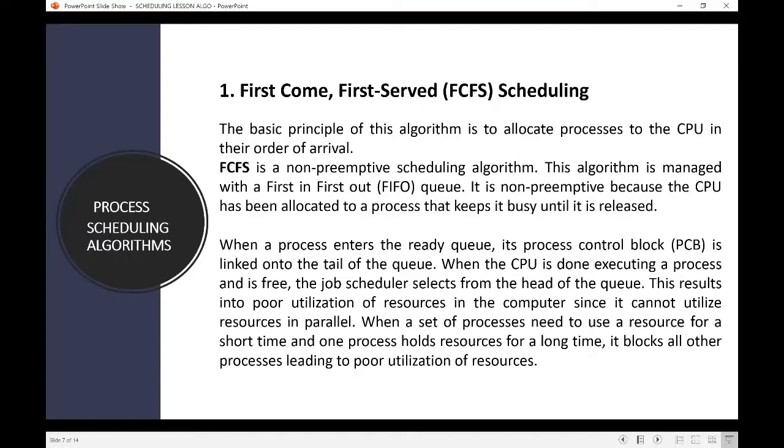So first come, first served is a non-preemptive scheduling algorithm, which means the process assigned to the CPU will have to complete its allocated time so that the next process can take place. This algorithm is managed with first in, first out.